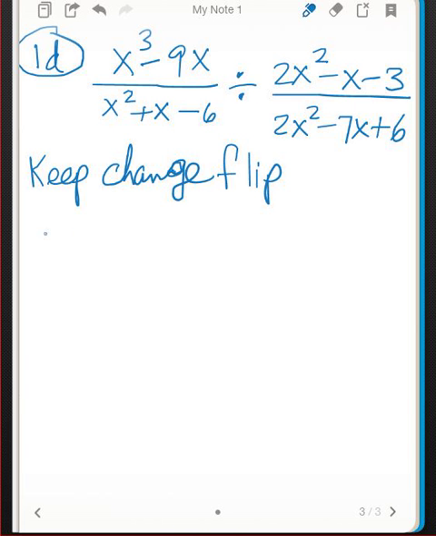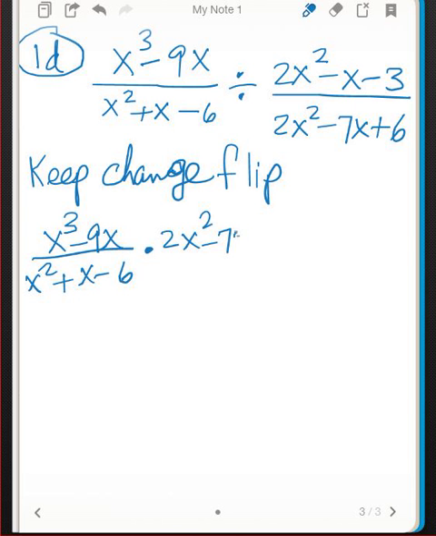You keep the first one, you change the division to a multiplication, and you flip the second fraction. So we're going to keep the first one, change division to multiplication, and flip the second fraction.